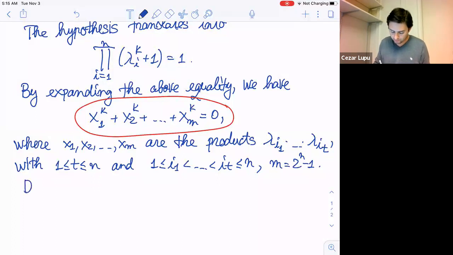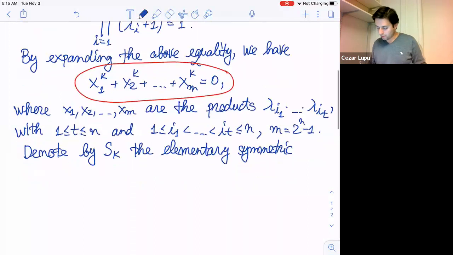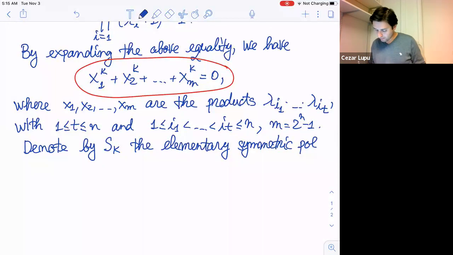Denote by S sub k the elementary symmetric sums, symmetric polynomials, okay.